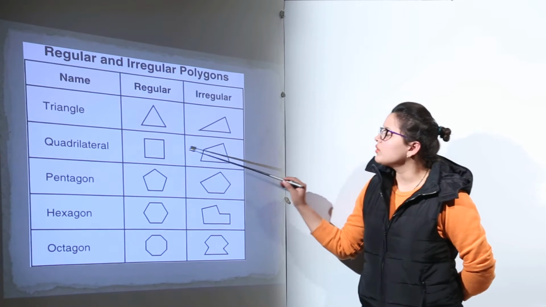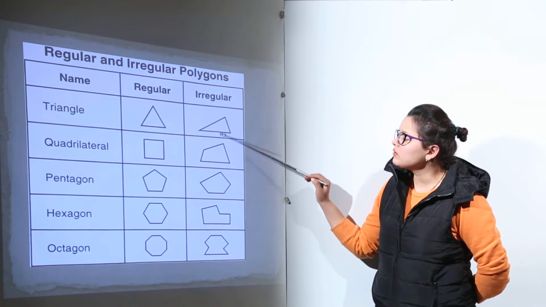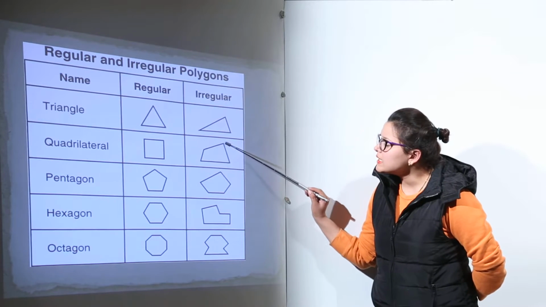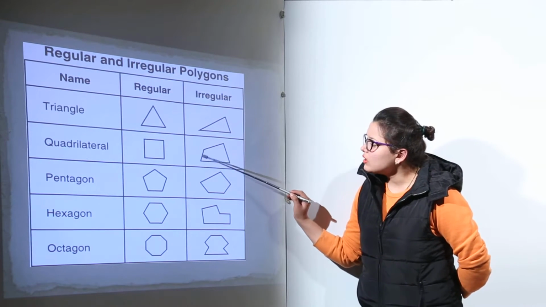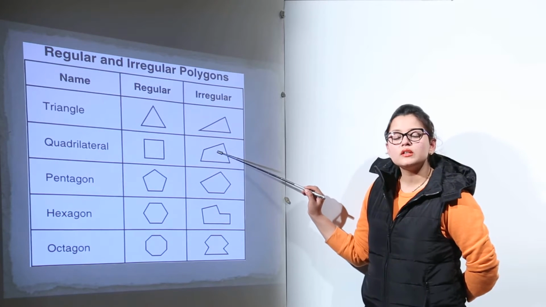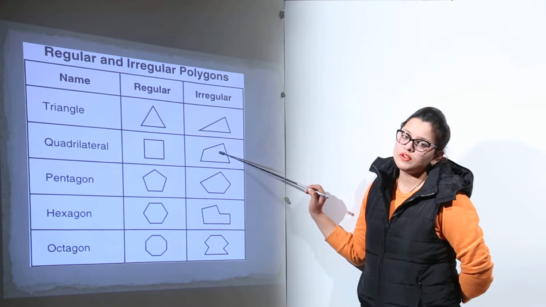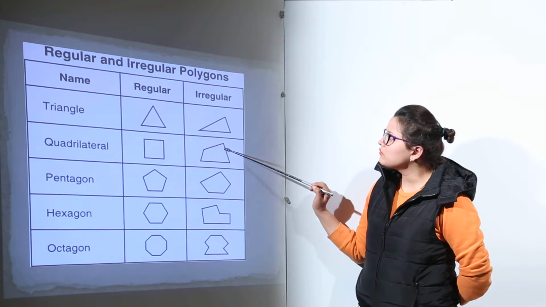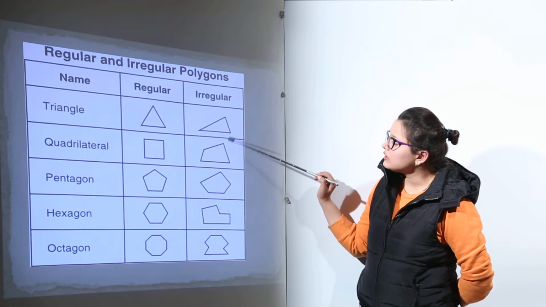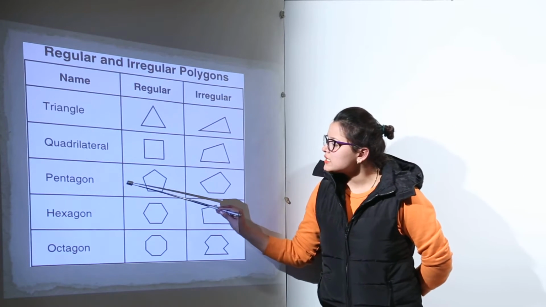Similarly, moving on, we have the irregular quadrilateral. Why? Because here we can clearly see the sides' measurements. All the sides have different measurements. Even if the angles are equal, the sides have different measurements. Then we will consider it to be an irregular quadrilateral.